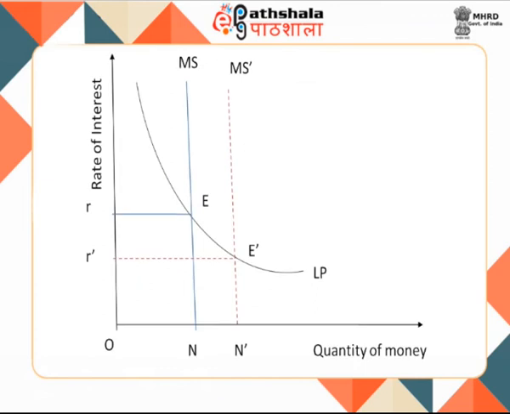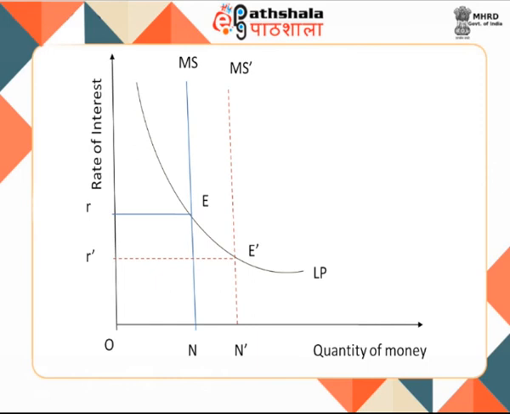Let us also see the effect of change in money supply on the rate of interest. Suppose the money supply increases from ON to ON', figure 9.4. With initial equilibrium at OR rate of interest, there emerges excess supply of money.